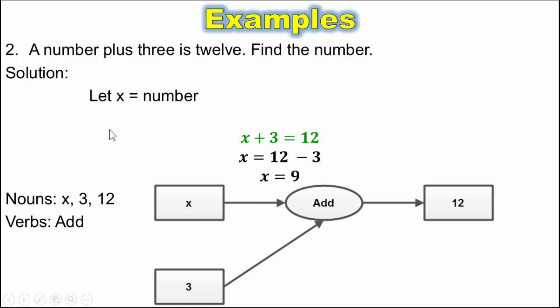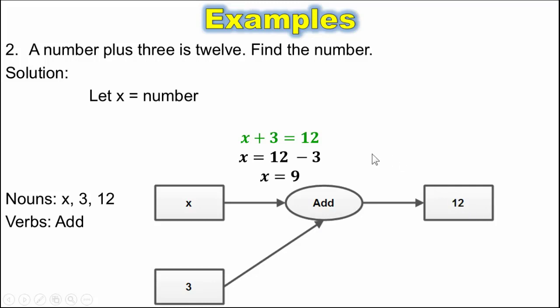The nouns that we can identify from the statement of the problem are x, 3, and 12. The verb is add. The diagram shows that the nouns x and 3 are used by the add operation. The add operation produces the number 12.